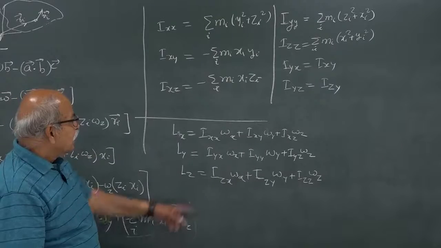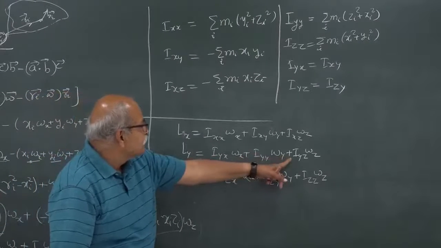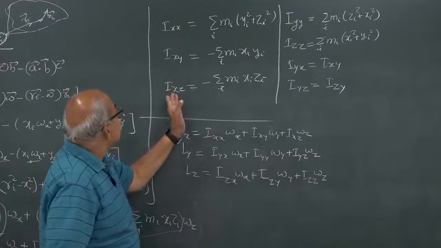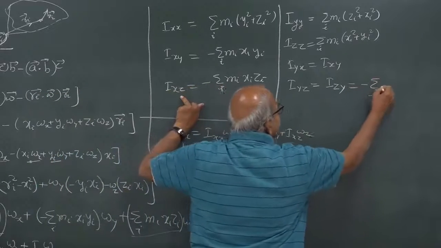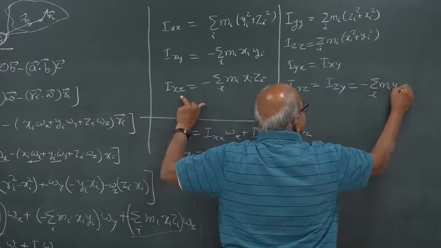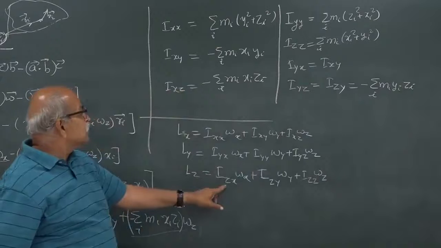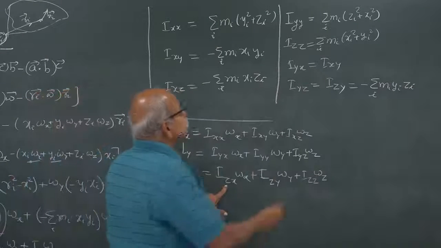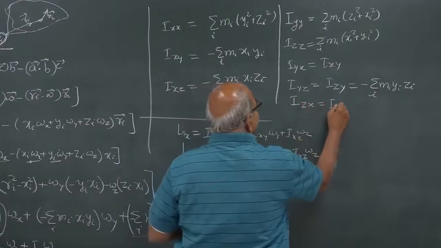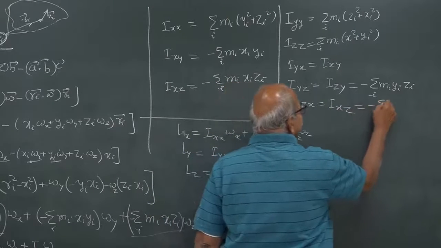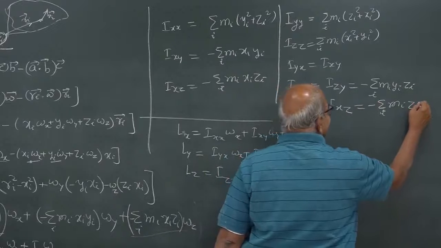So, everything goes over. There are 4 new symbols, Iyx I have written, Iyy I have written, Iyz I have written, and then okay, that was not written here, okay fine. So, this is equal to minus summation over i of mi yi and zi. Izx is equal to Ixz, and that will be minus summation over i of mi zi xi.